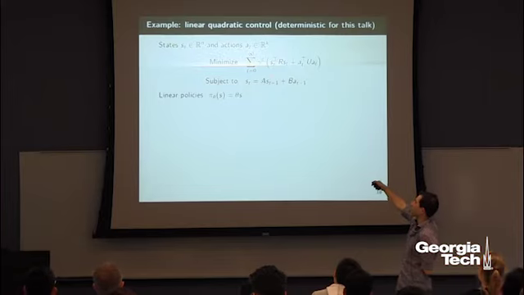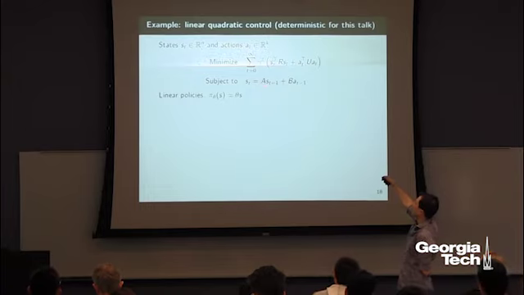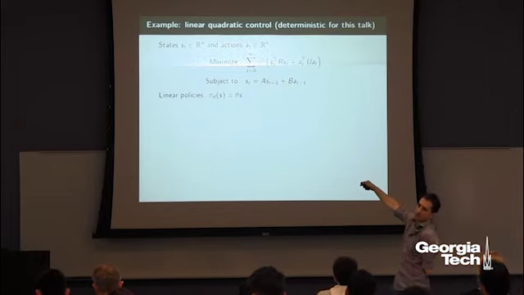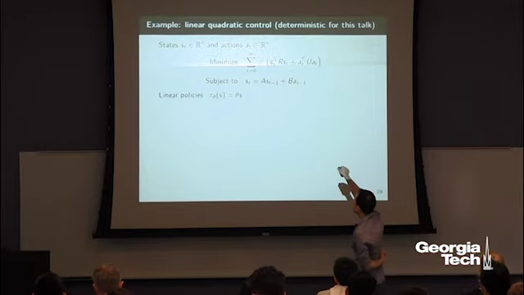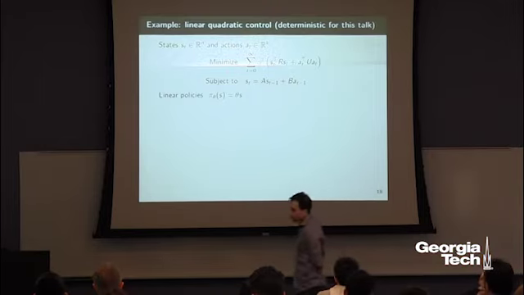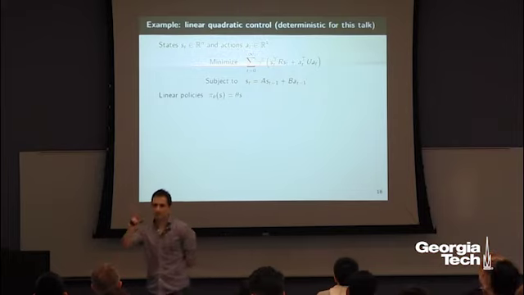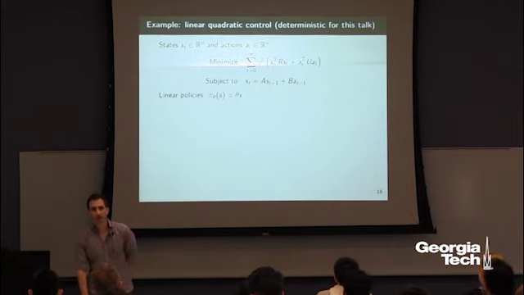I take the previous state, multiply it by a matrix, and I exert some control, a_{t-1}, and multiply that by a matrix to get the new state. Now what I'm interested in is choosing these controls to minimize the discounted sum of these single period convex quadratic losses.